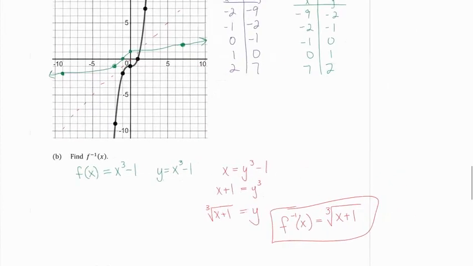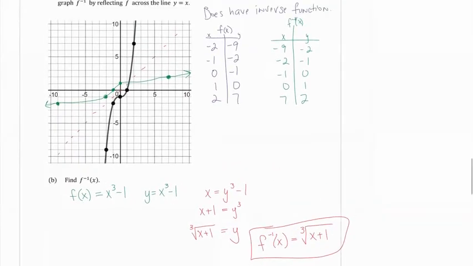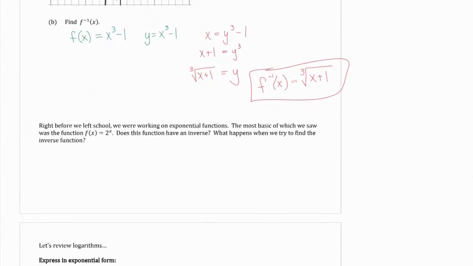All right, so there's a non-linear example, so you see how that works with the graph and the function. Okay, right before we left school, like I said, we were working on exponential functions. We had done a little bit with graphing, a little bit with solving, but basically, if we do the most basic exponential function, y equals 2 to the x, if I do 2 to the 0 power, I get 1.